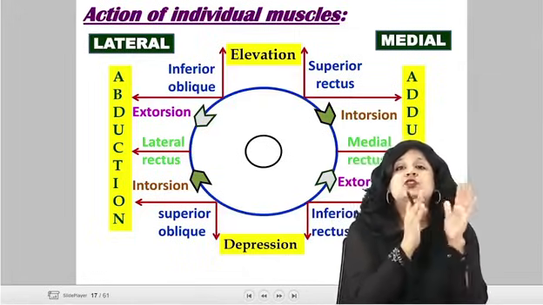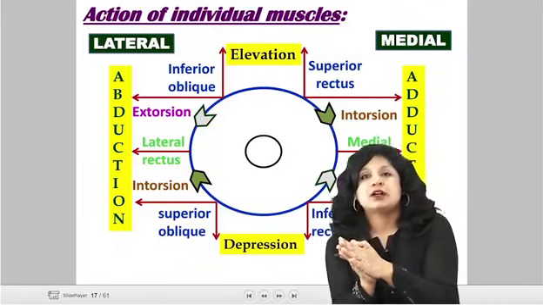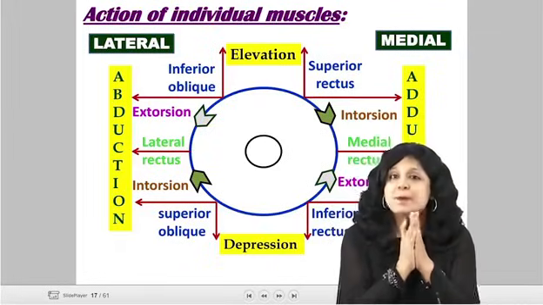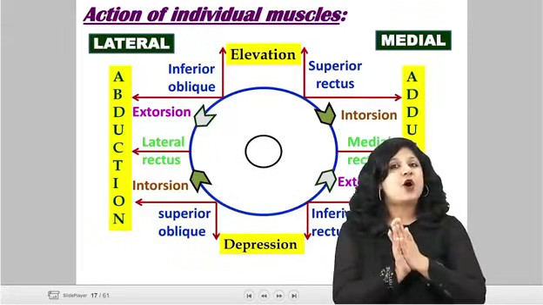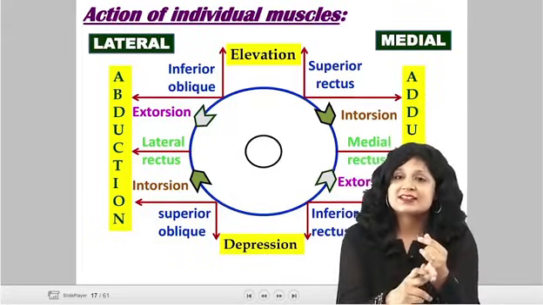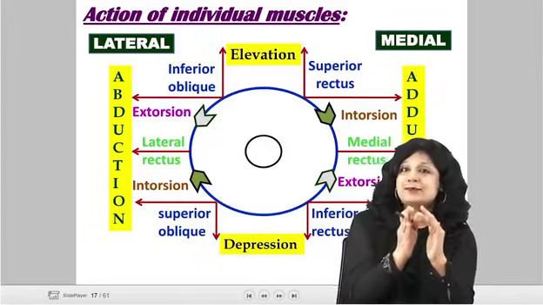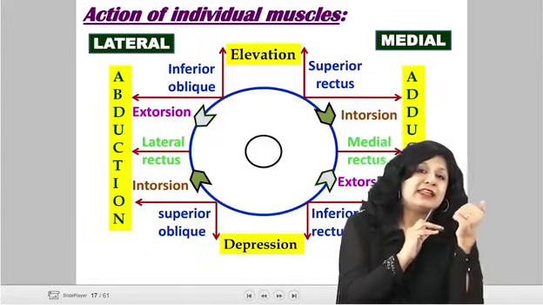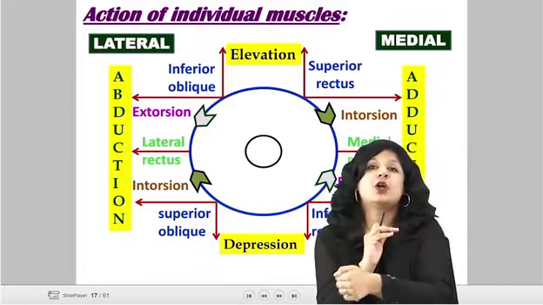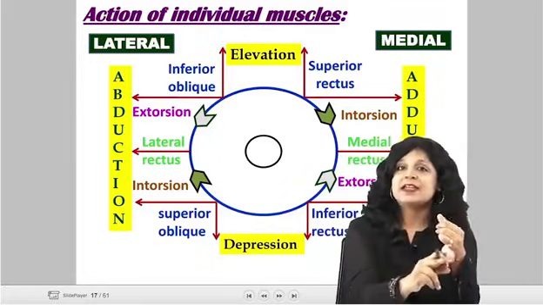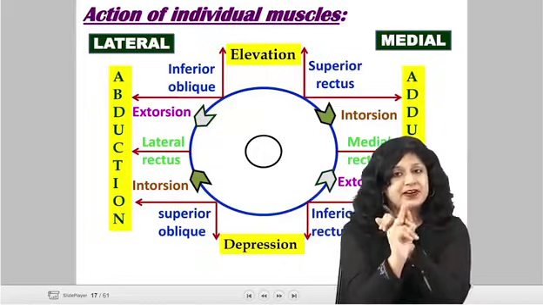SIN means superior intort. So whenever I am talking about a superior muscle, it will intort, whether it is a superior rectus or a superior oblique, and this means the opposite. So the inferiors will extort, whether it is an inferior oblique or inferior rectus, right?